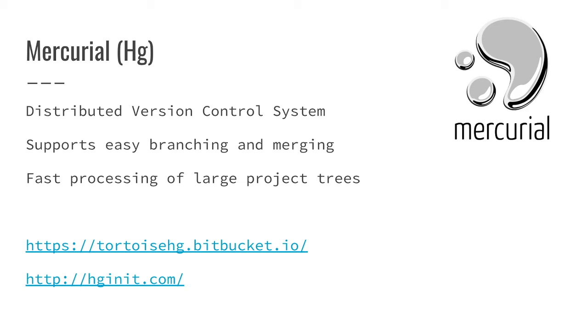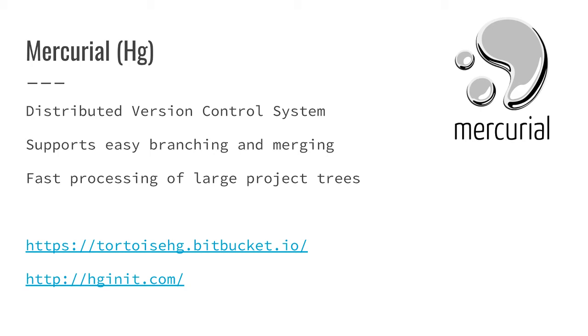Mercurial and other new version control systems support very fast branching and merging, and very intelligent merging. So there's a lot of changes you can make to files that the software can merge together without you doing any work at all. Just tell it to do its thing and it'll do it right.